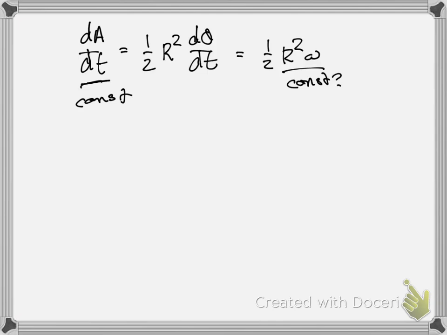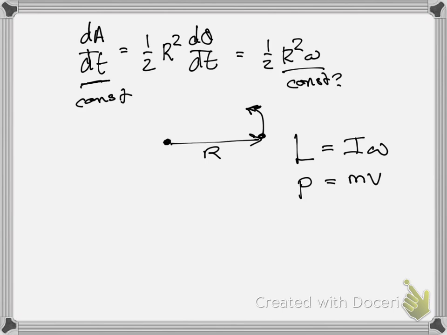Well, let's remember that if we have an object going around another object at a distance r, it's got an angular momentum, L is equal to I omega. Remember, if you don't, that regular or linear momentum is mv, and moment of inertia I is like m, omega, angular velocity, is like v, so angular momentum is I omega.